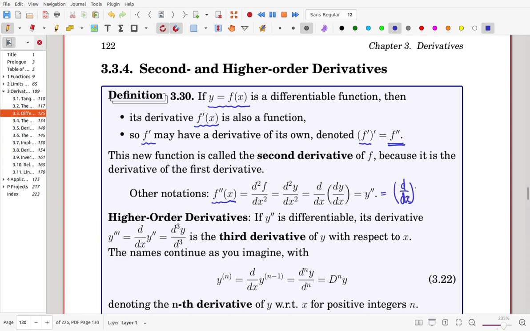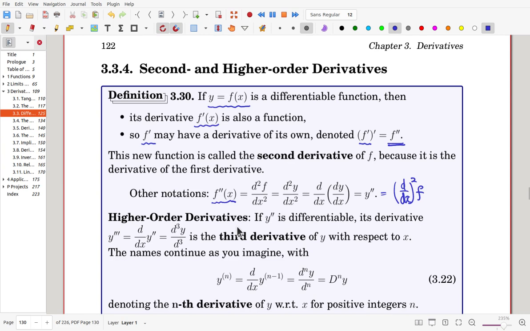Or we can write it in this way, d over dx, that is the differentiation operator, squared, applied to f. You can write it in this way. So in various ways we denote the derivative, but we'll mostly use the double prime notation, and d squared over dx squared.